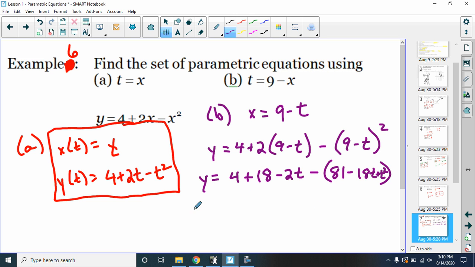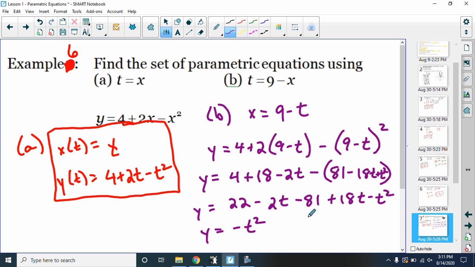Distribute your minus sign. And combine like terms. So y equals negative t squared plus 16t minus whatever that is. 59, I think.